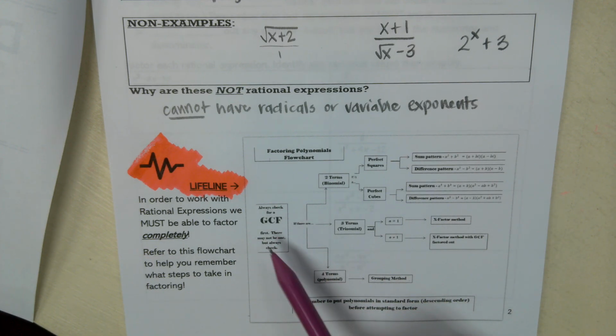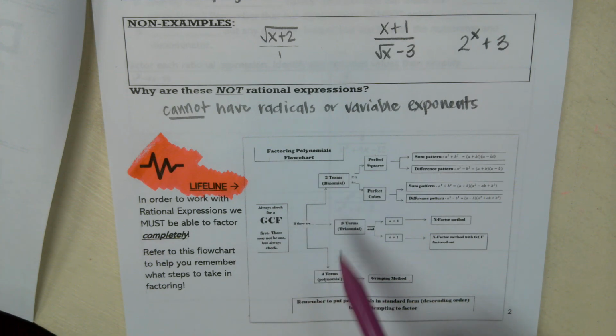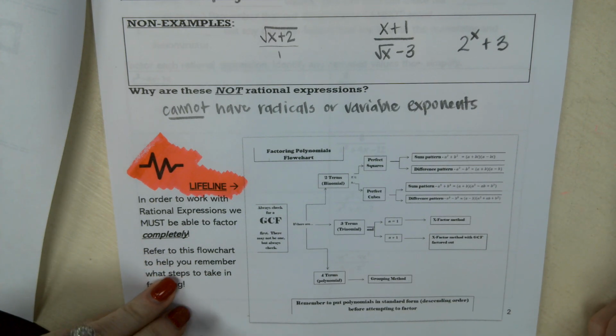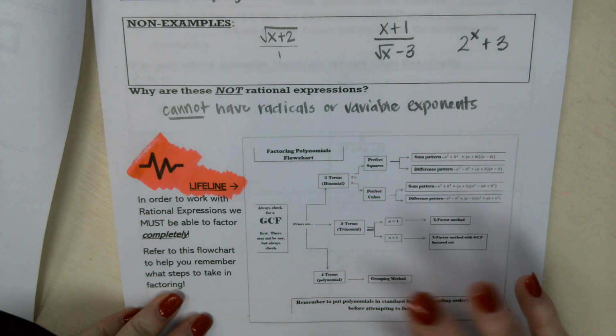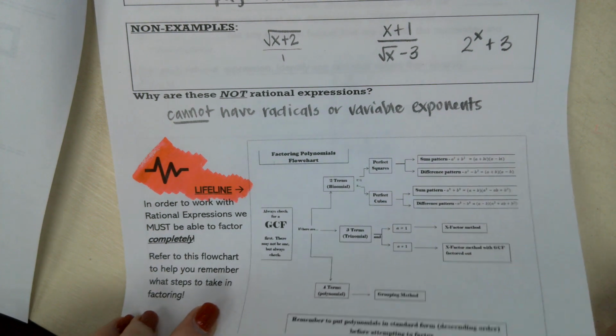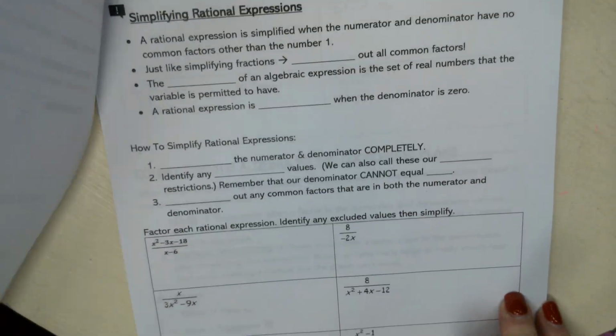We always want to look for a GCF, and whether I have 2, 3, or 4 terms really depends on how I'm going to factor that expression. So this is just a reference for you as we move along.